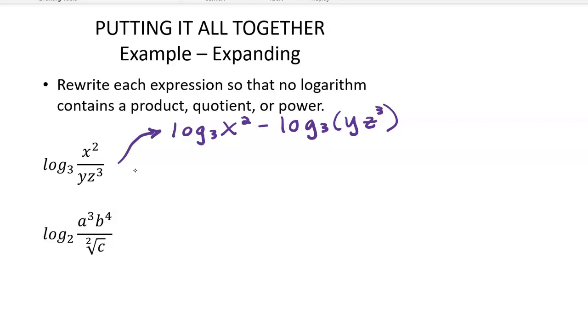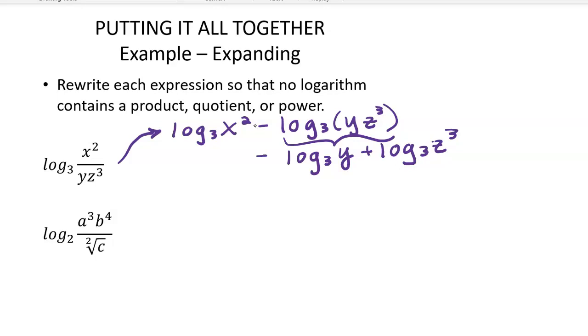Now technically right here, this is a product. If we just ignore this first part for a second, we would actually break this apart using a product. So let me show you that part real quick. That'll be a logarithm base 3 of y plus logarithm base 3 of z cubed, and that's just using our product rule.